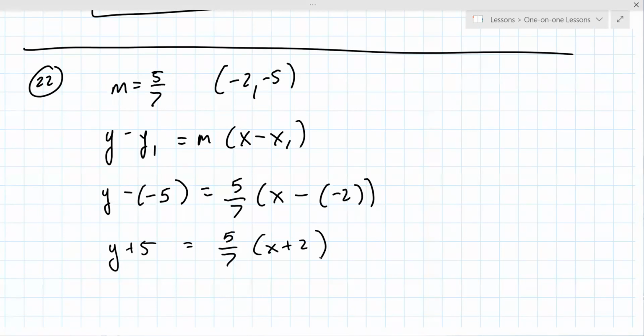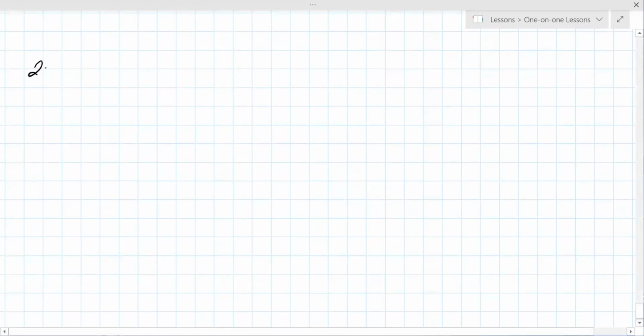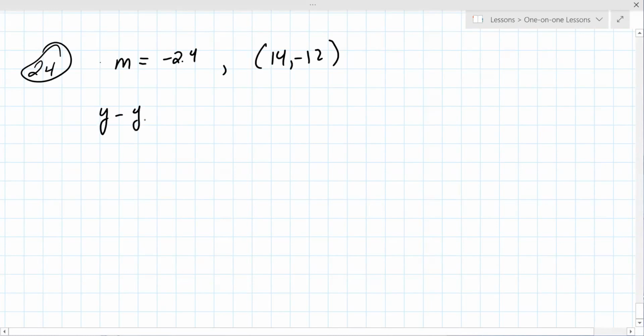Is that okay? All right, so 24 is no difference. 24 has a slope of -2.4 and a point 14 comma -12. y minus y1 equals slope times x minus x1.